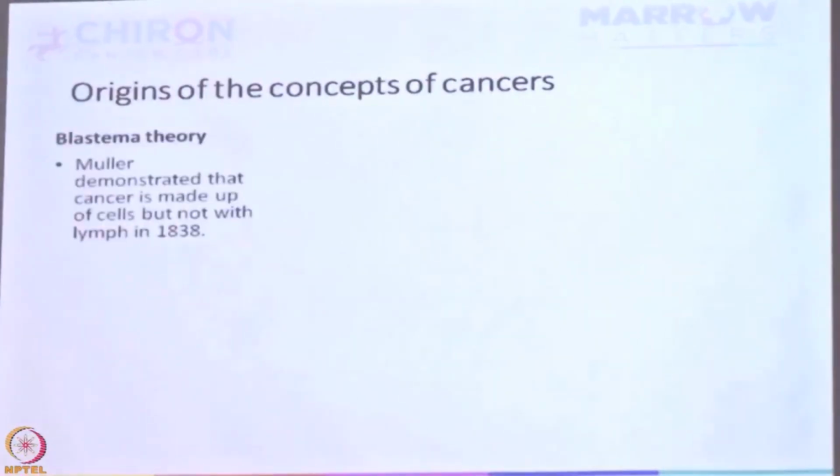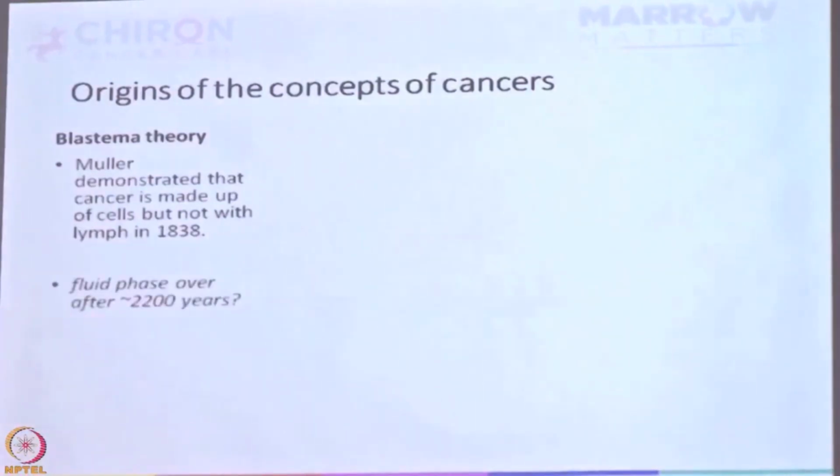And then Muller said that no, it is not fluid, these are cells, and the problem is with the cells. And you can see it is that late that people realize that it is because of cells, right. It took so many years.